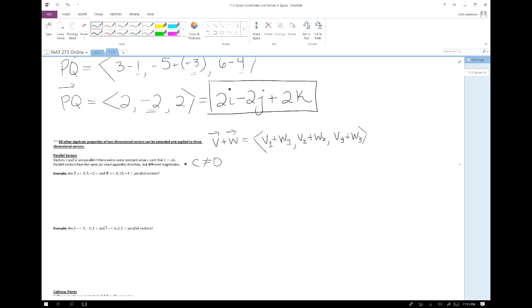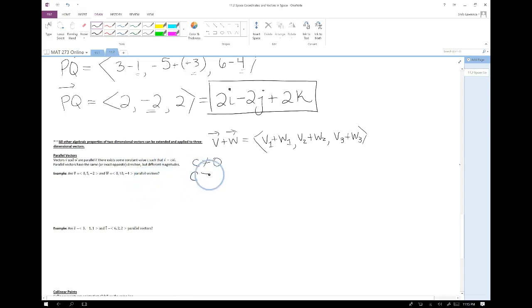And remember when we talked previously about these scalar multiples, these parallel vectors, they're going to have the exact same or exact opposite direction, but that c value is going to change the magnitude. So if all we do is take a vector and multiply through the components by 3, what we're going to do is create a vector that points in the exact same direction, but is 3 times longer.